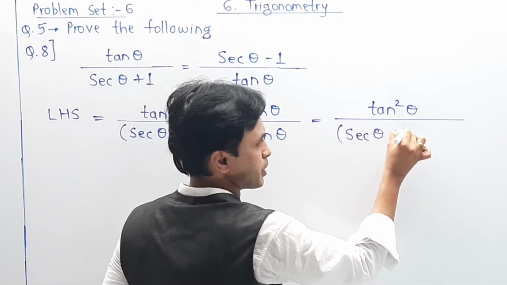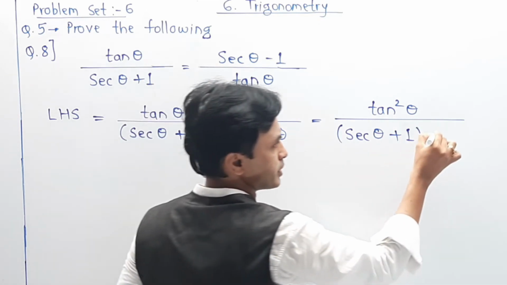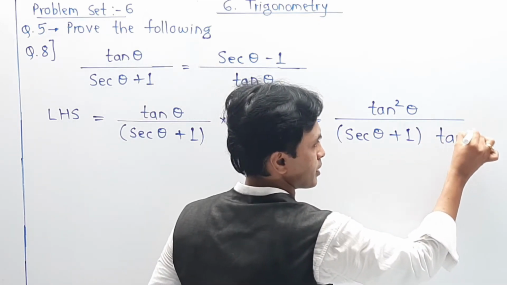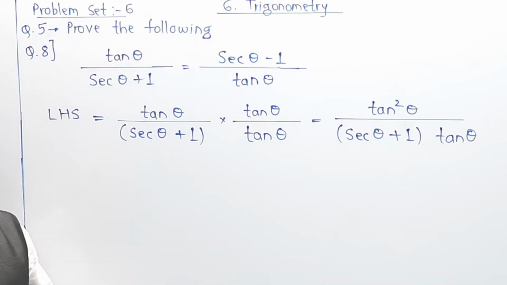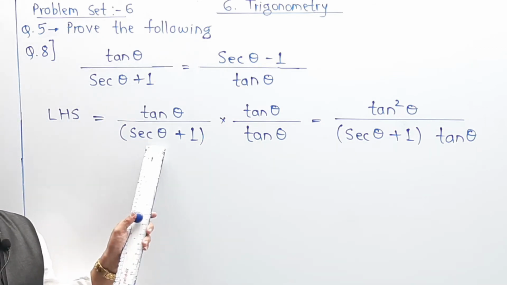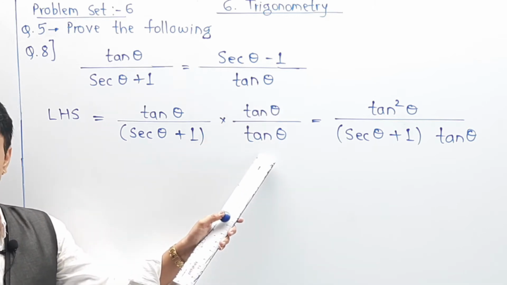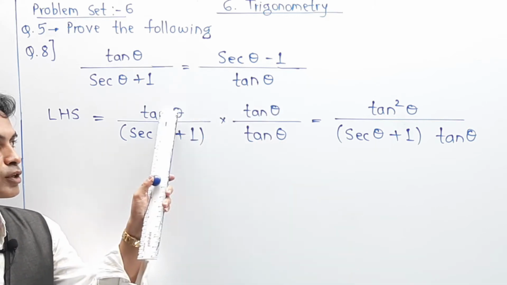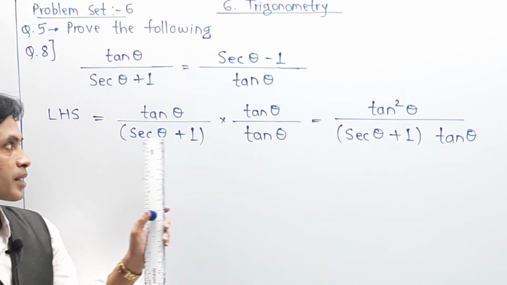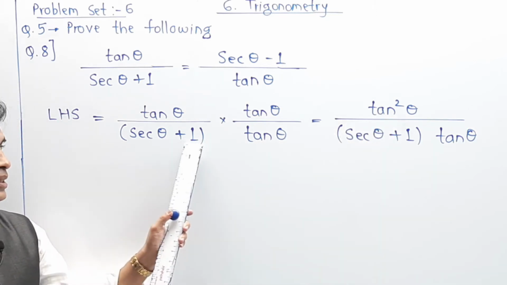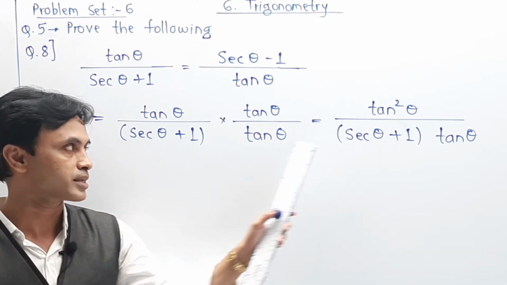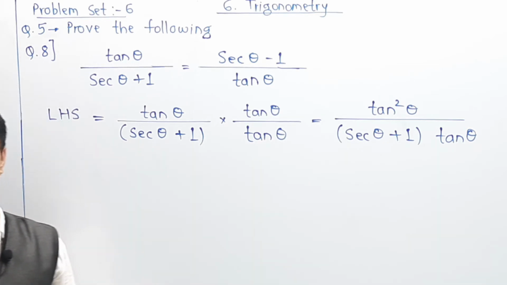Students, please pay attention once again. Only tan theta upon sec theta plus 1 was given. In the first step we have multiplied the numerator by tan theta and the denominator by tan theta. So tan theta into tan theta is tan square theta. And in the second part, I have kept sec theta plus 1 as it is, into tan theta connected to it.